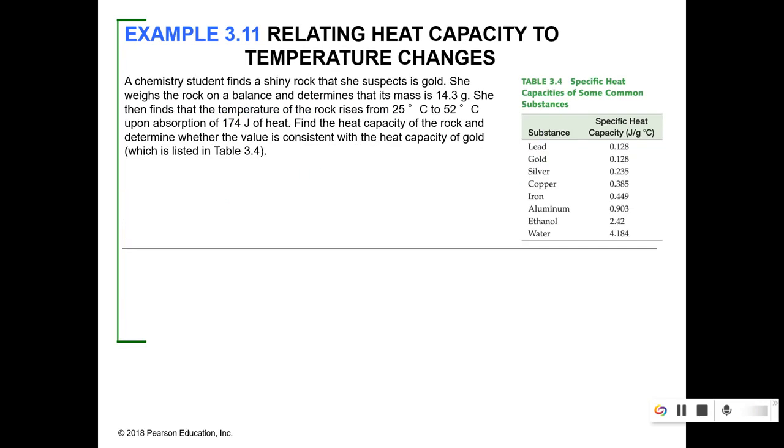All right, now it wants the heat capacity of rock. We've got a mass, we've got temperatures, we've got heat. So I've got 174 joules equals 14.3 grams times C times 52 minus 25, which is 27.